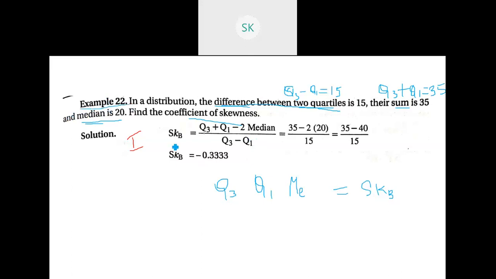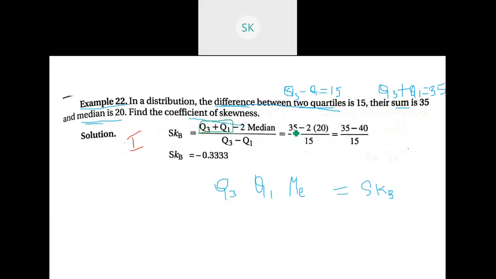Now let's apply all these numbers. What all is given to us? Q3 minus Q1, Q3 plus Q1 and median. As per the formula, we already know Q3 plus Q1, that is 35.